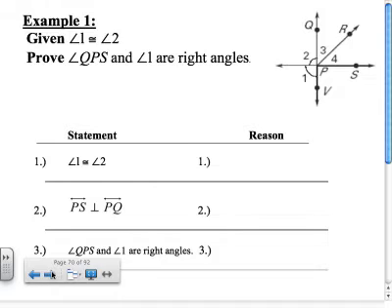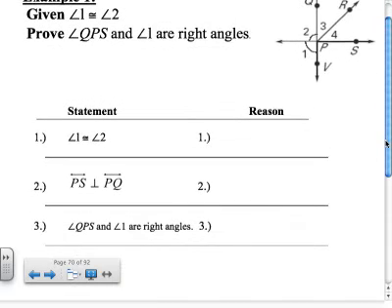Okay, so given angle 1 is congruent to angle 2, prove that angle QPS and angle 1 are right angles. I have filled in most of this proof for you. You just have to come up with the reasons. Reason number 1, always given. So PS is perpendicular to PQ. We know angle 1 and 2 are congruent.